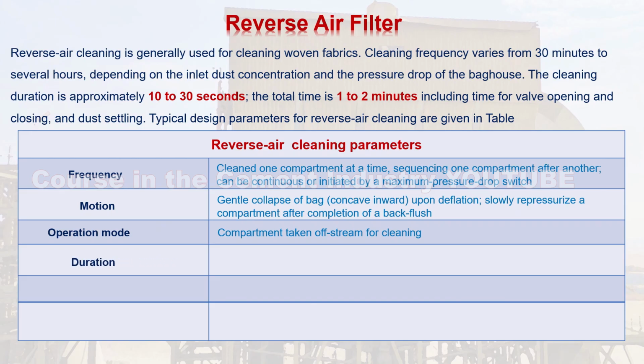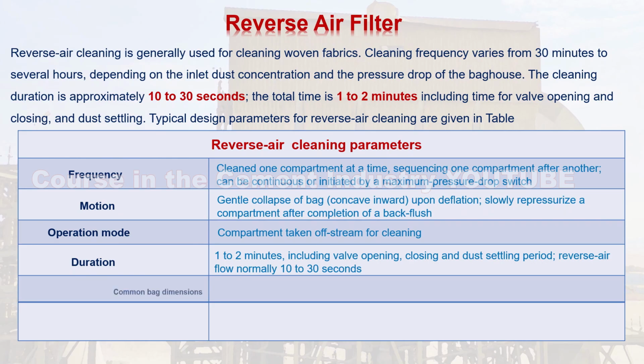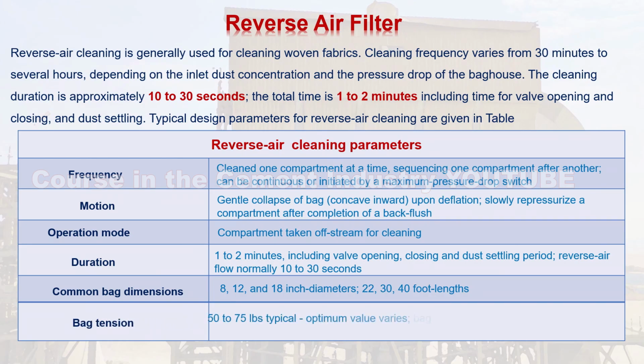Duration: 1 to 2 minutes, including valve opening, closing and dust settling period. Reverse air flow normally 10 to 30 seconds. Common bag dimensions: 8, 12, and 18-inch diameters, 22, 30, 40 foot lengths. Bag tension: 50 to 75 pounds. Typical optimum value varies; bag tension is adjusted after the unit is on stream.